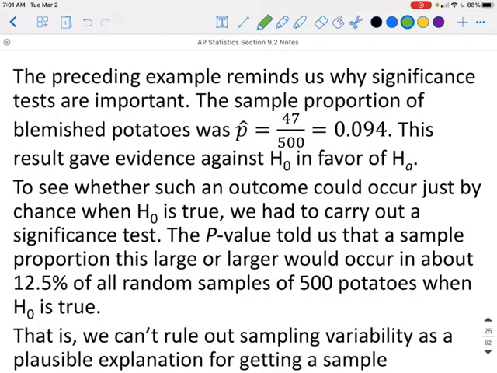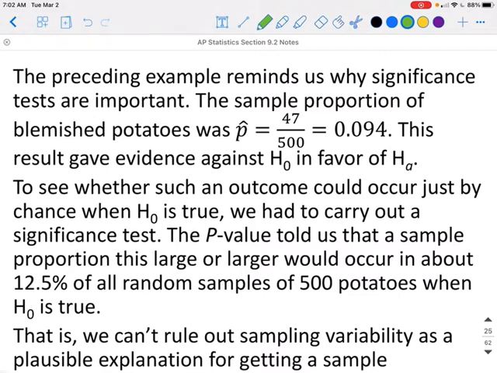This preceding example reminds us why significance tests are important. The sample proportion of the blemished potatoes was p hat equals 0.094. This result gives us evidence against the null hypothesis in favor of the alternative.